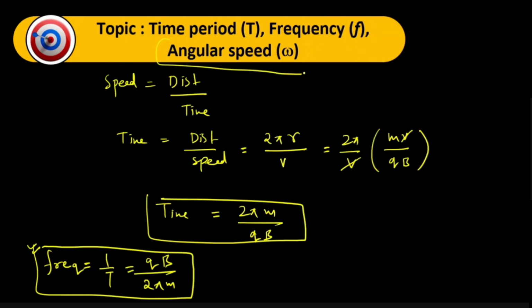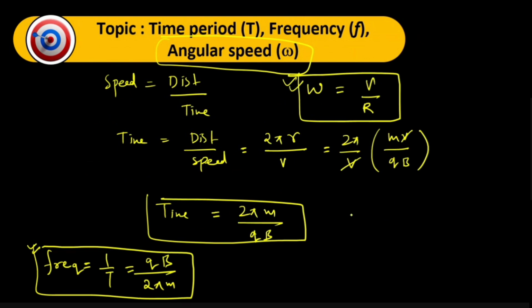Next, we have angular speed. Again, these quantities are something you are supposed to learn in grade 11 if you have taken physics. But as you haven't taken physics, we need to understand these terms from very basic. Angular velocity is v by r, velocity per unit radius. We already know that velocity is v and radius is mv by qB.